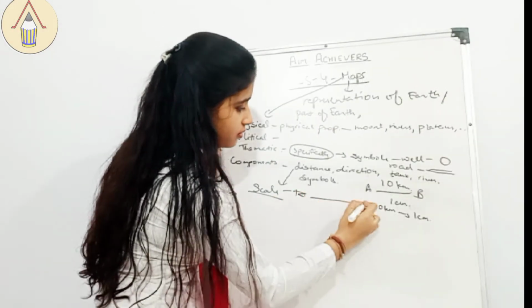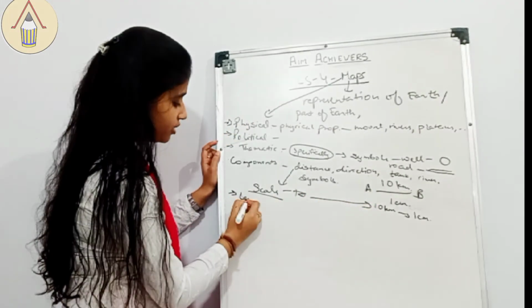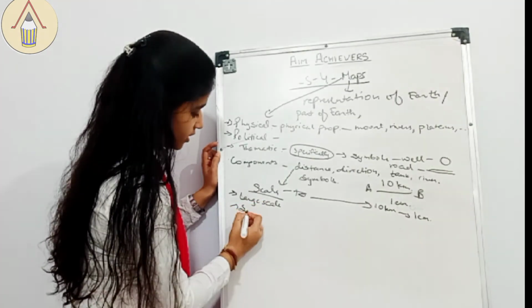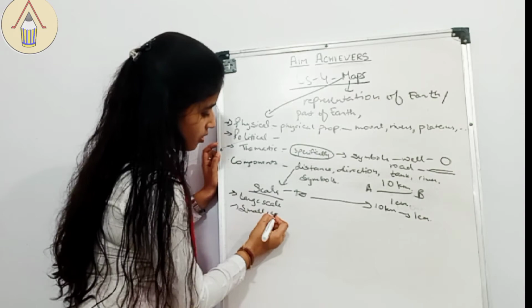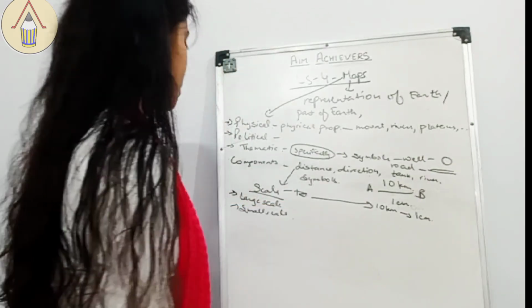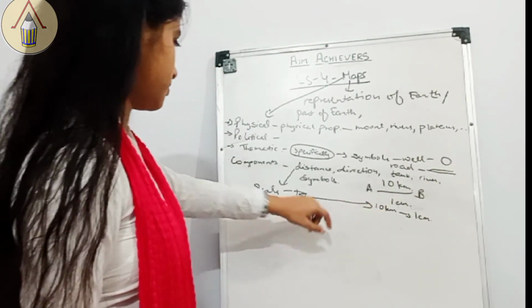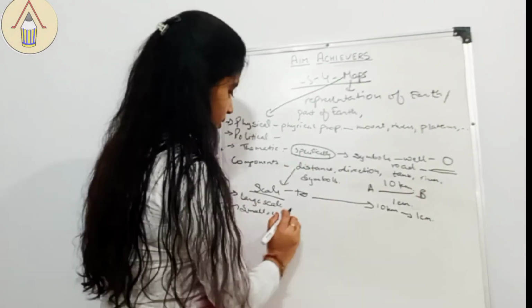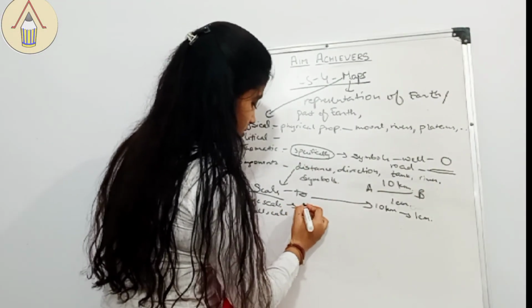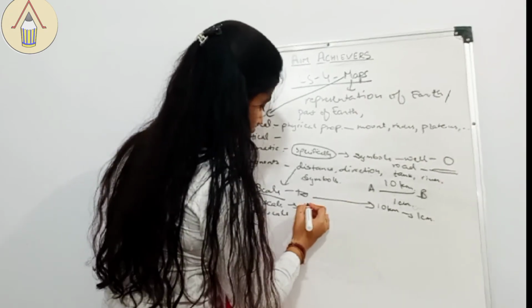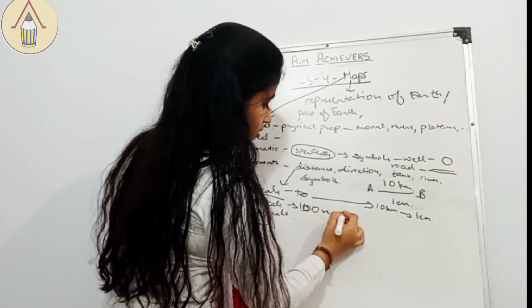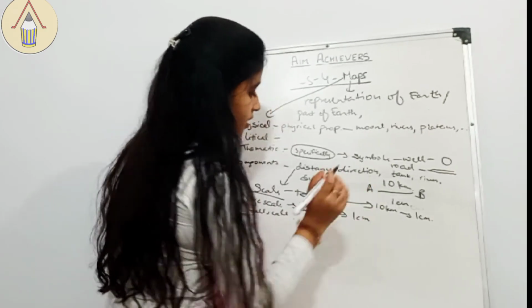Now there are two kinds of scale maps: large scale and small scale maps. Large scale maps are like 10 kilometers to 1 centimeter, or as given in your book, 500 meters or 100 meters to 1 centimeter.